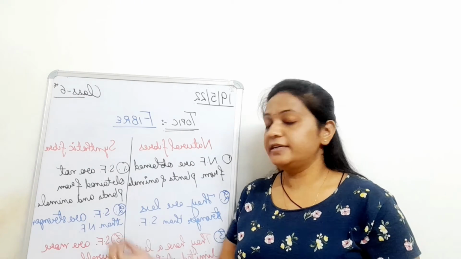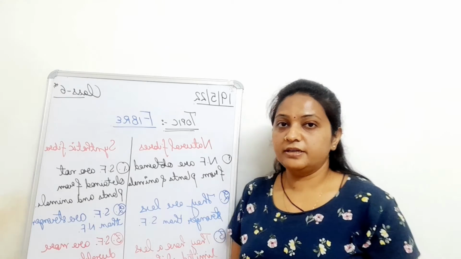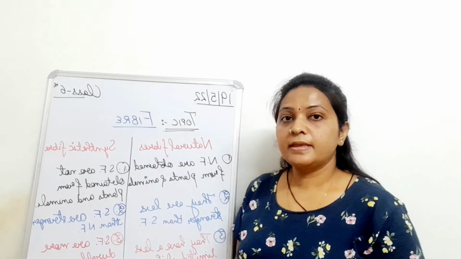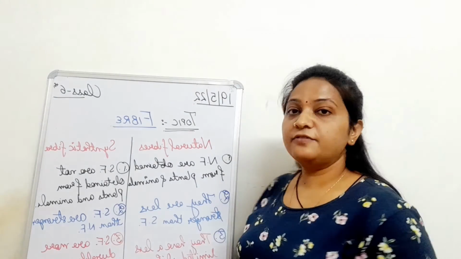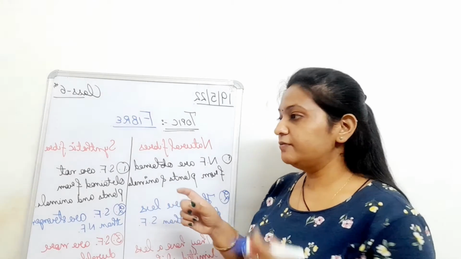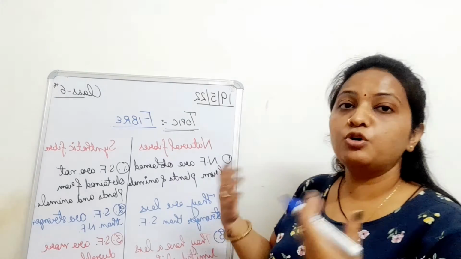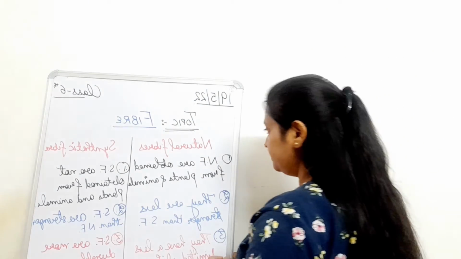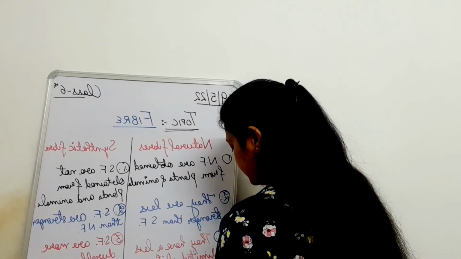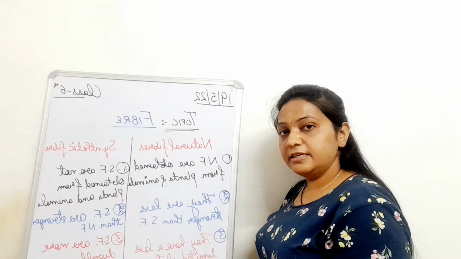So why should I write that synthetic fiber has more shining? In synthetic fiber we have one type of artificial silk which has more shining than natural silk. So here we can add its example.